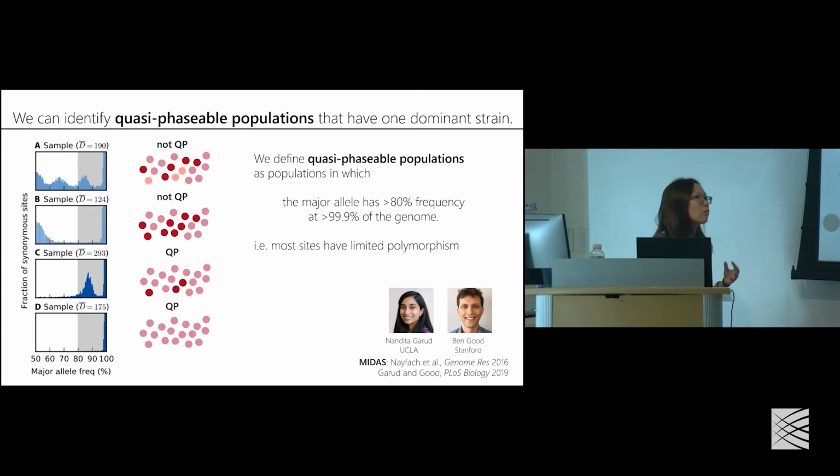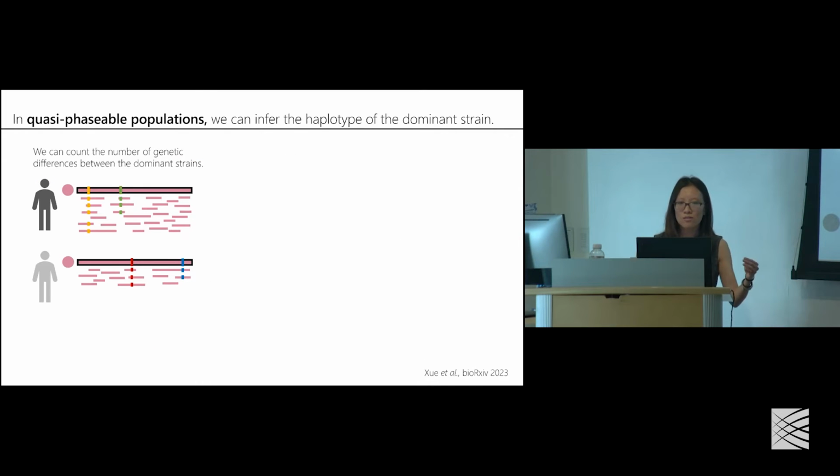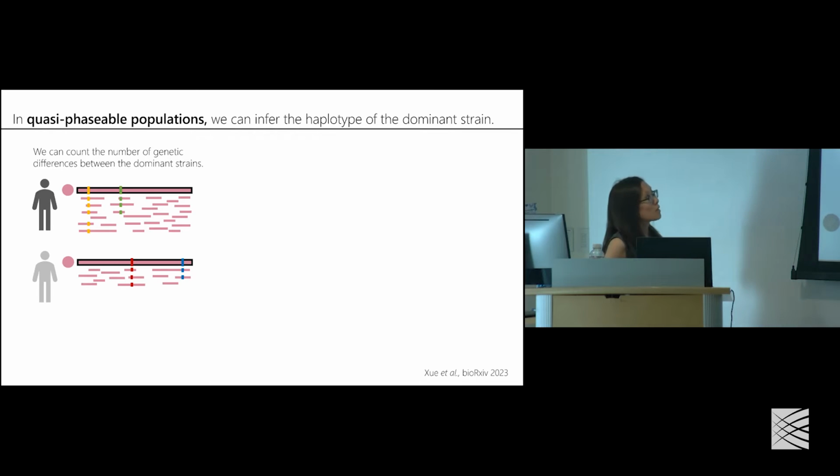Okay, and so a more formal definition of quasi-phasable populations is populations in which the major allele has greater than 80% frequency at more than 99.9% of the genome. Again, the intuition there is that most sites have very limited polymorphism, indicating a limited number of strains. Okay, so we have found our quasi-phasable populations, and we've inferred the haplotype of the dominant strain.